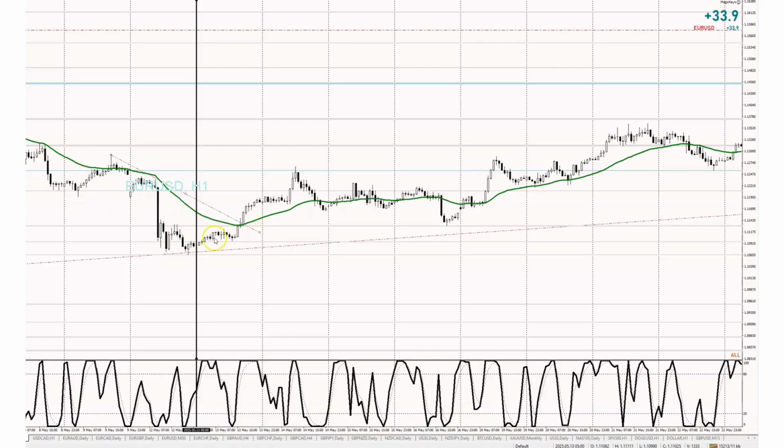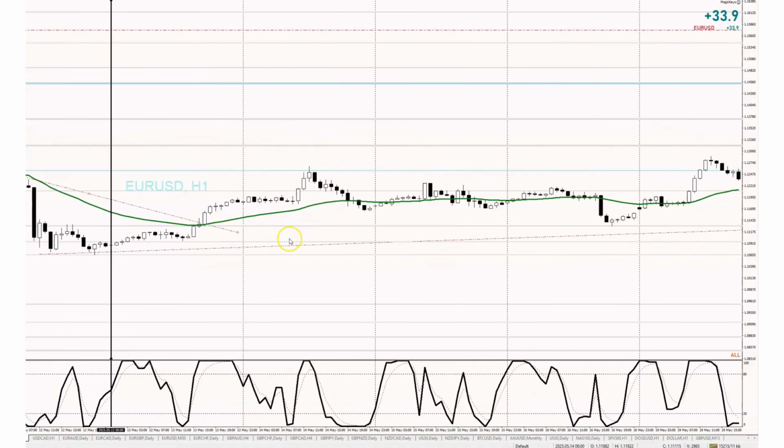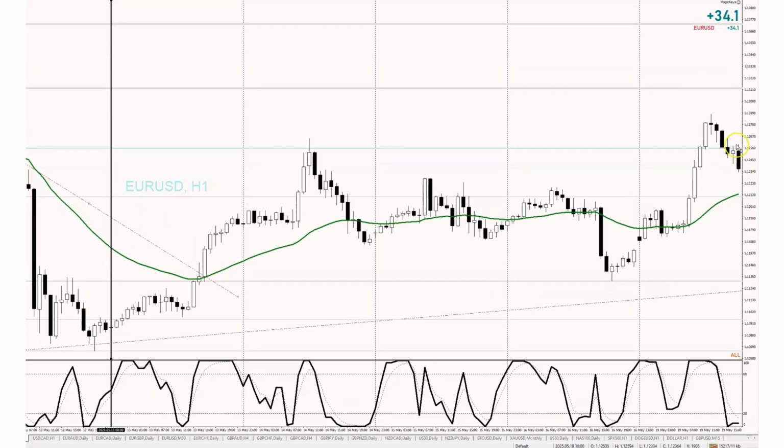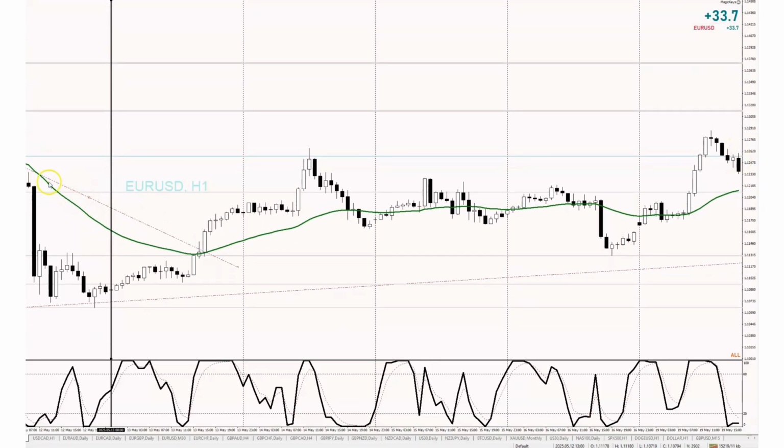I already got my moving average on here. This is a level of confluence. We're not going to get into that in this video, but it's a reason why I have this moving average on here. It's a 36, by the way, I can tell you that. Once price breaks this, so it broke the moving average right here and came back.